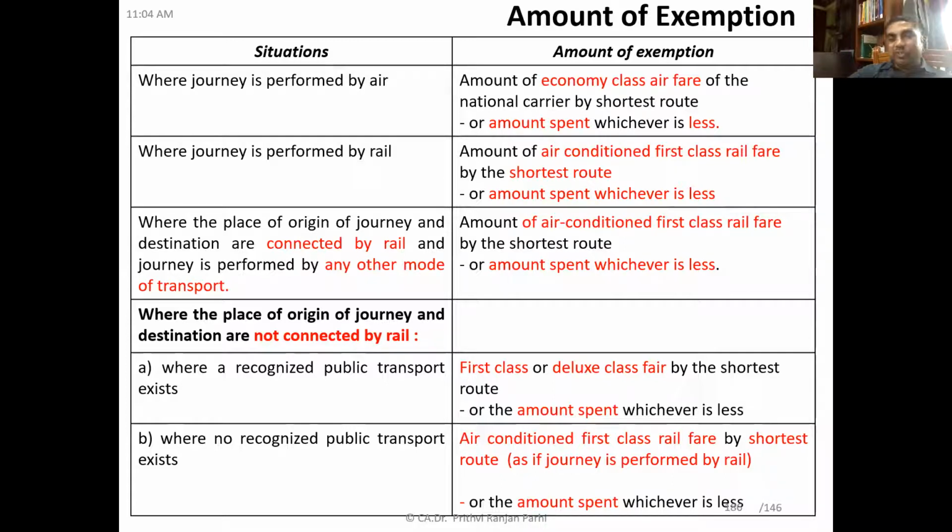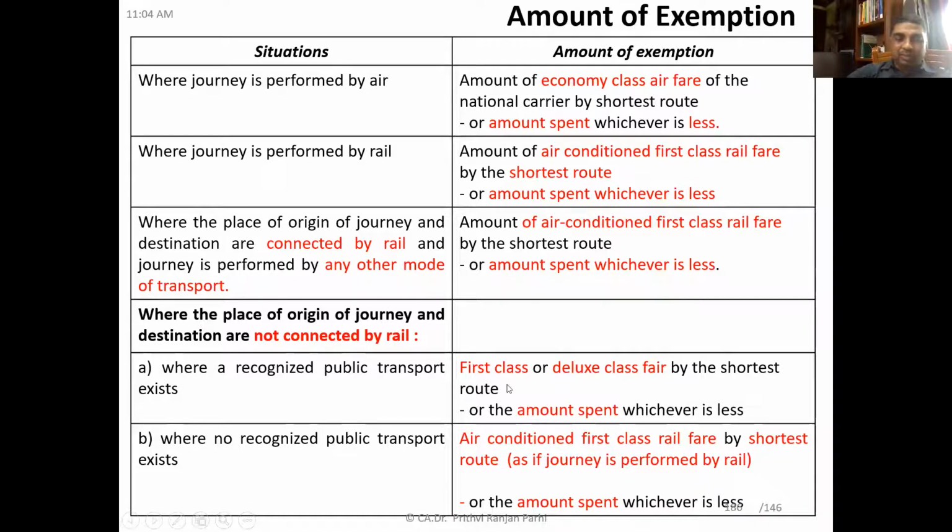The amount of first class AC rail fare by the shortest route or the amount spent, whichever is less. So if they are connected by rail, then one needs to find out what is the first class AC fare between these two places by the shortest route, or the amount spent. Amount spent means employee has gone by his car. What is the amount spent? Whichever is lower, that will be exempted.